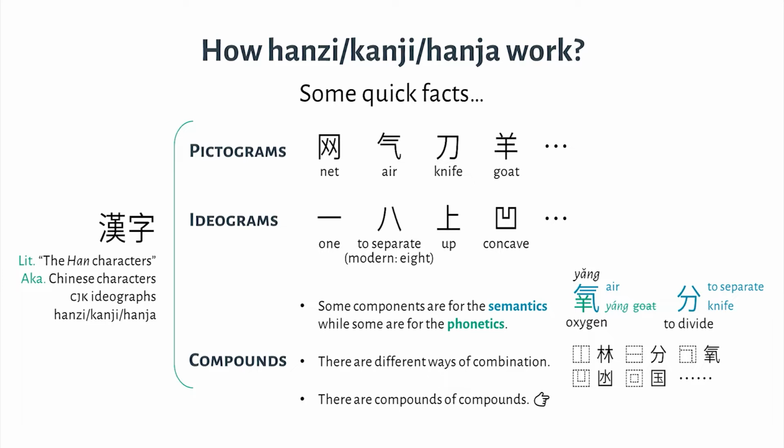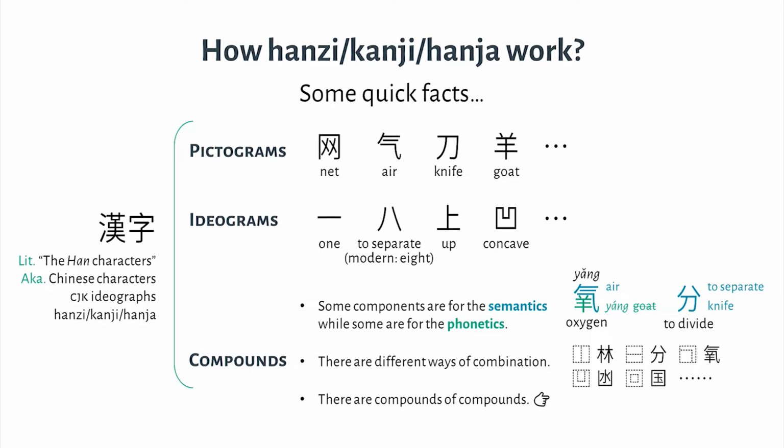Importantly, there are combinations of those building blocks to make compounds. Components in the compound can be either semantic or phonetic. For example, the character for oxygen is made up of air, which is the semantic component, and goat, which indicates how it should be pronounced. There are also multiple ways to put the components together.